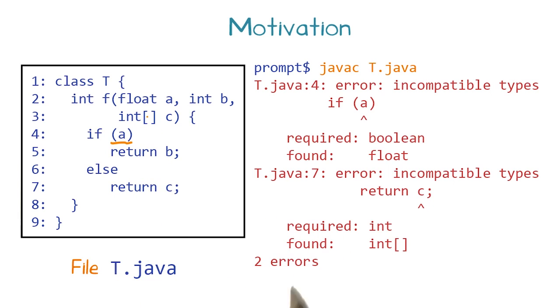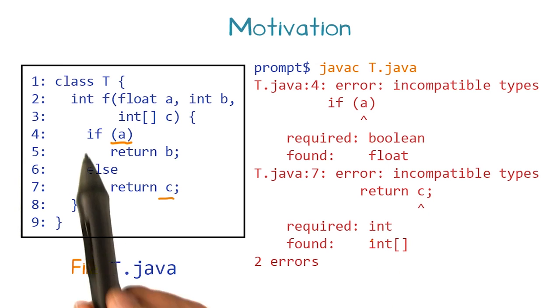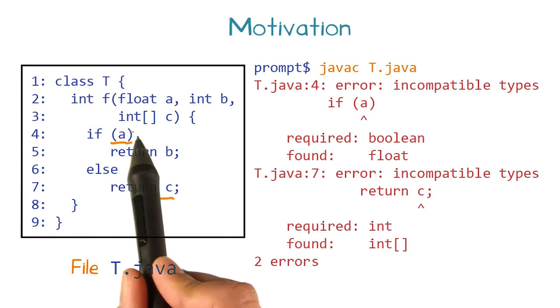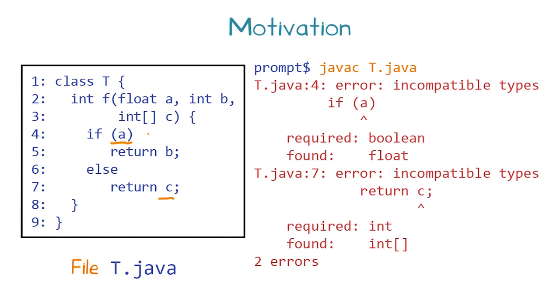The second error states that the return result c of the function f on line 7 is expected to be of type int, since the specified return type of function f is int, but it instead has type integer array. Java's type system prevents logic errors like these, which could cause the program to produce undesired results.